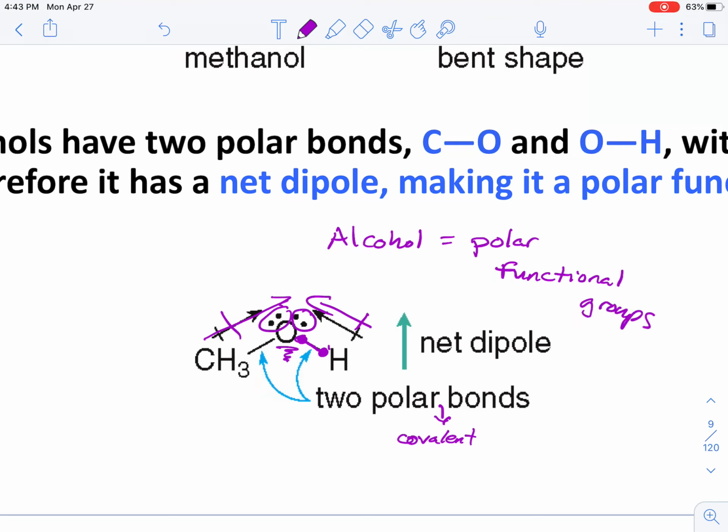And because alcohols are polar functional groups, when one is attached to a hydrocarbon that's mostly nonpolar, it could change the physical properties of that specific compound.